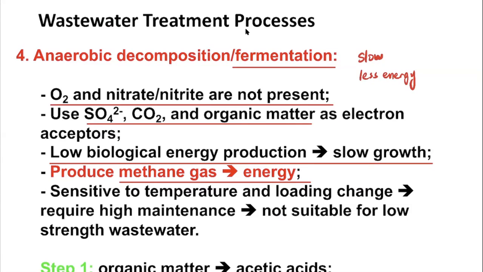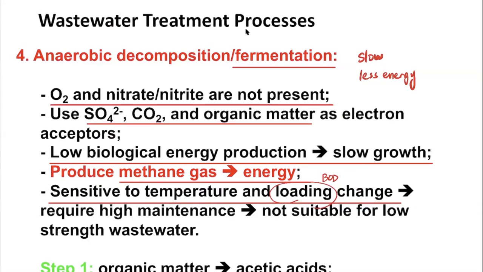But this fermentation process, the anaerobic decomposition process, is very sensitive to temperature and the loading change. Basically, the loading here means the BOD loading, right? So if you have different types of organics, then the fermentation will be quite different.